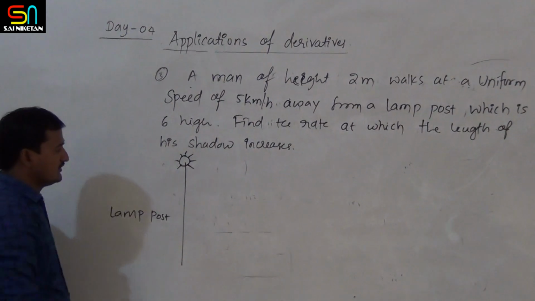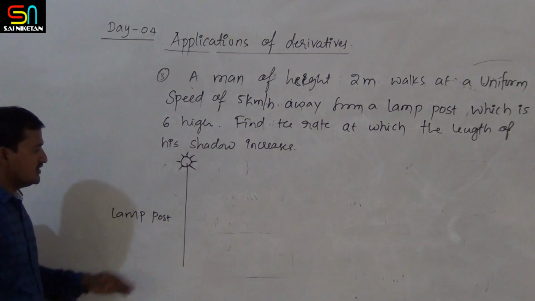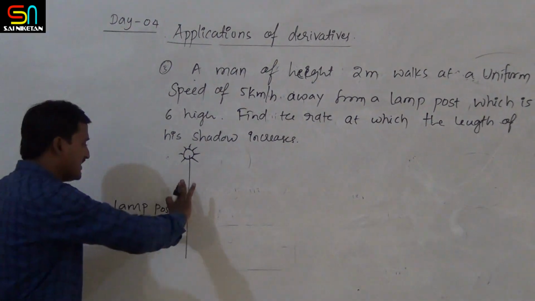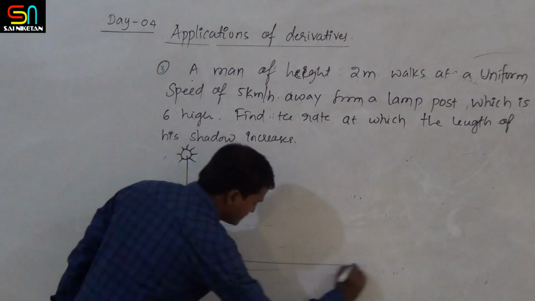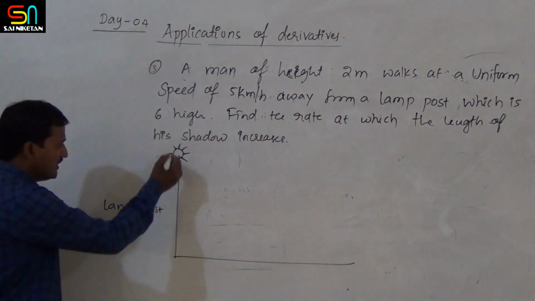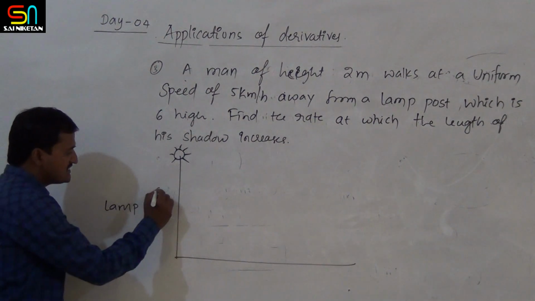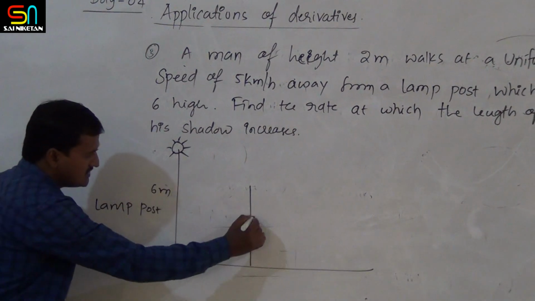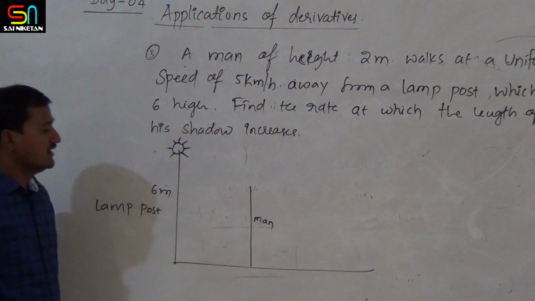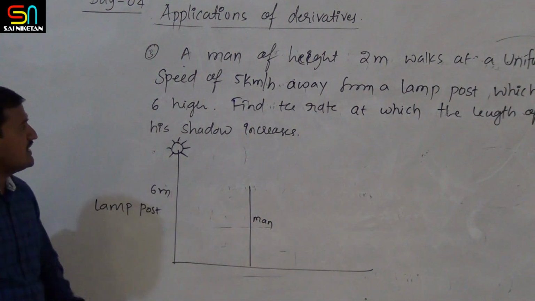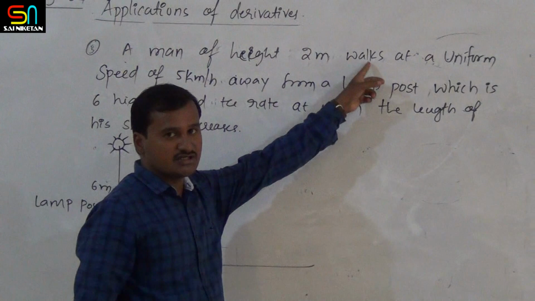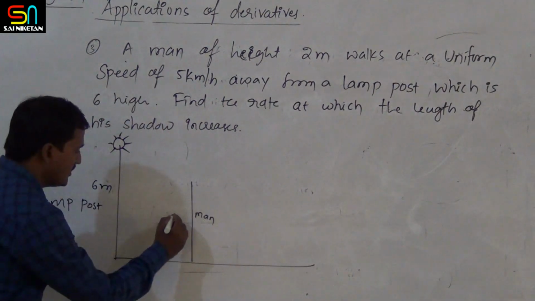A man is walking away from this lamp post. Here it is the ground. The length of the lamp post is 6 meters. Suppose here it is a man. The height of the man is 2 meters.